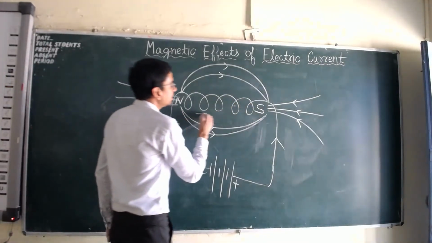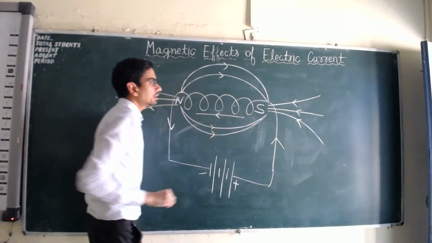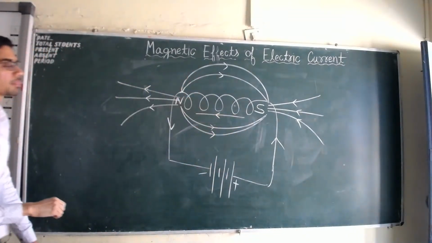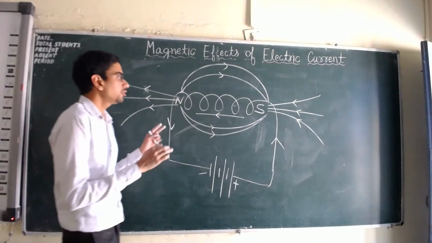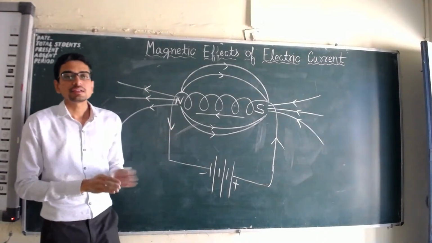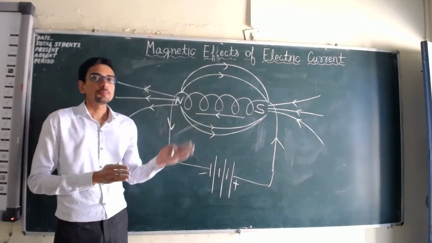And so inside the solenoid direction will be south to north. So that's how you can draw the magnetic field lines around the solenoid. Okay, I hope you have understood.